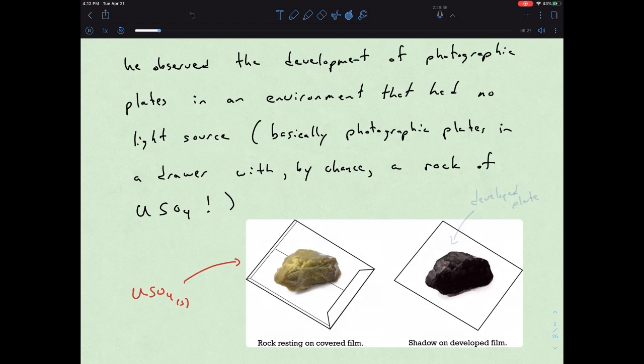And then when we look at the photographic plate, we actually see an image, or we see development.